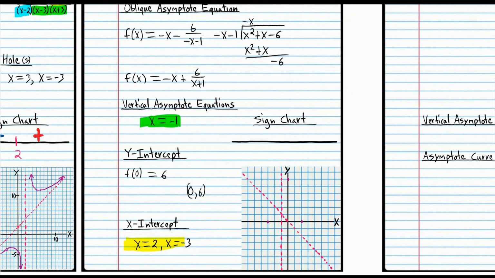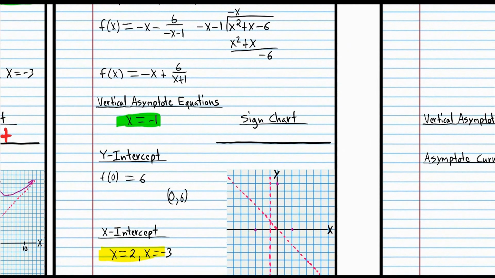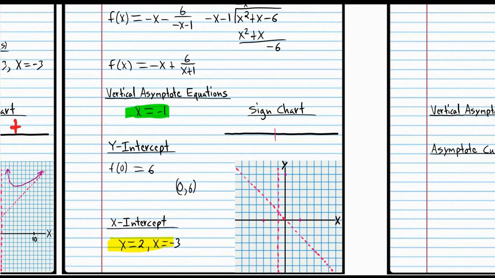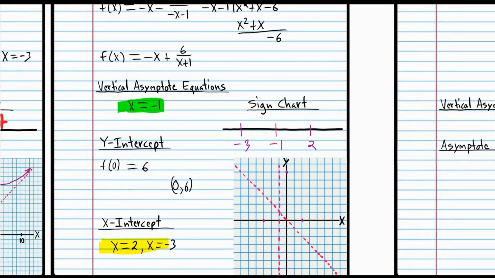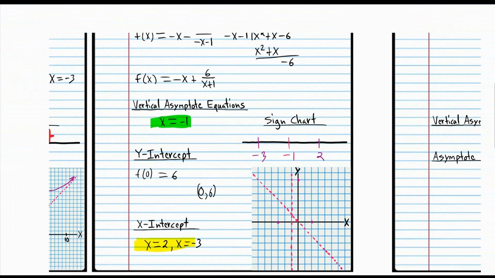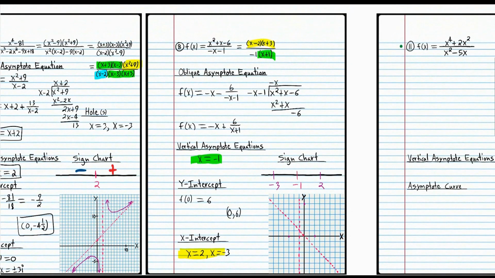So that's a lot of good information to help us find the values that we're looking for. So let's mark the asymptote on our sign chart and the x-intercepts. Again, these numbers don't have to be spaced exactly the way they should be. That's not really the point.